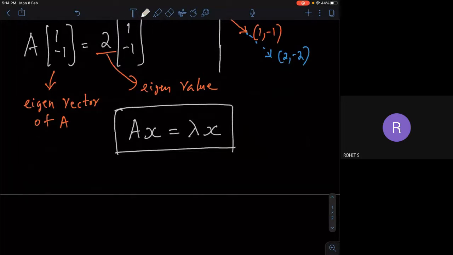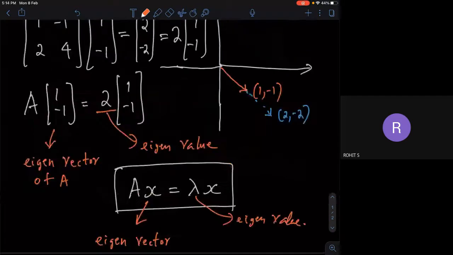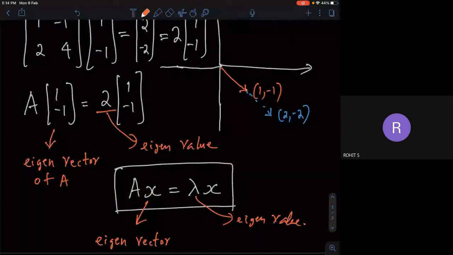Here, x is the eigenvector, and lambda is the eigenvalue. Right. So I hope this much is clear. So in this matrix A, I know one eigenvalue, which is 2, and its eigenvector is this 1 minus 1.